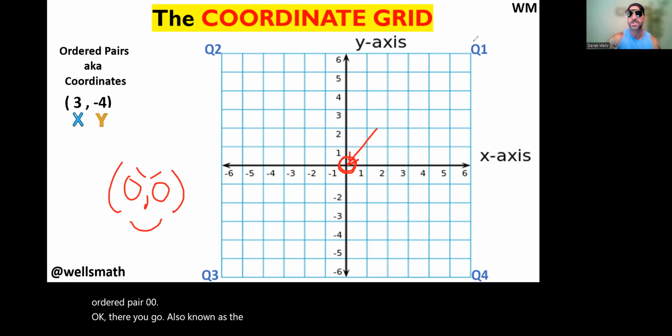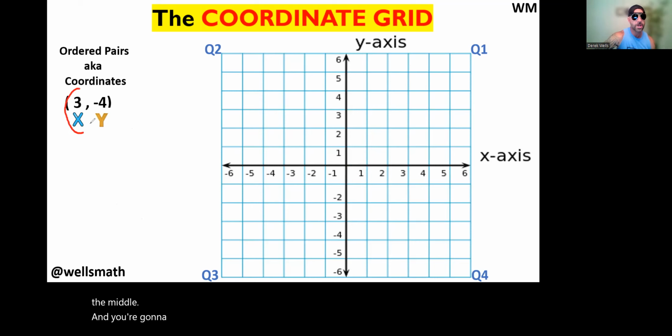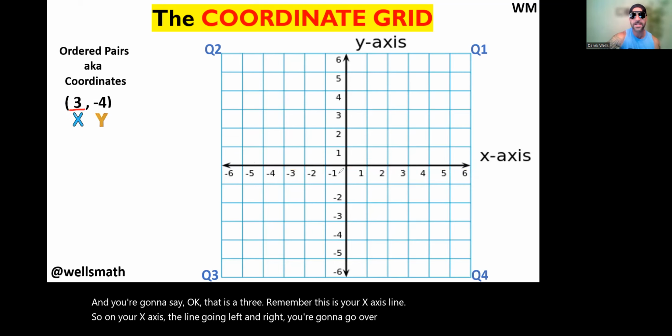All right, so you're always going to start right there in the middle. And you're going to look at your first number in your ordered pair, and you're going to say, okay, that is a 3. Remember, this is your x-axis line. So on your x-axis, the line going left and right, you're going to go over to +3.